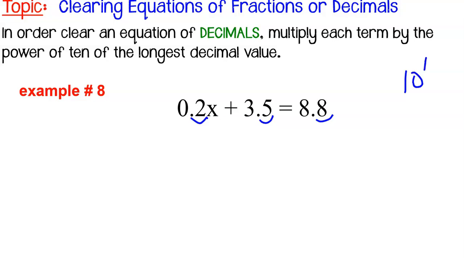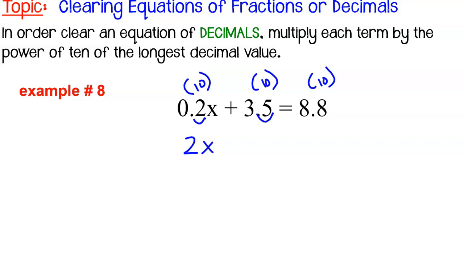So I'm going to multiply every single value here by 10 to the first. And when I do that, I'm going to move that decimal one place value. One place value, one place value, one place value.